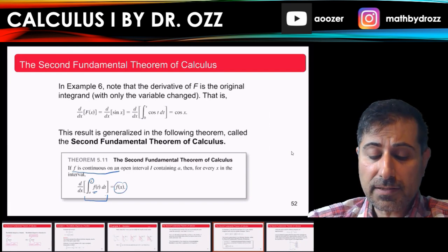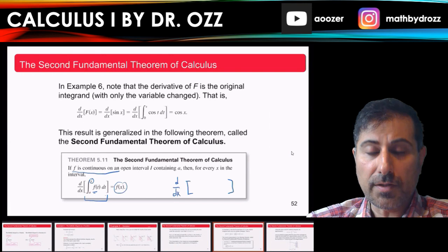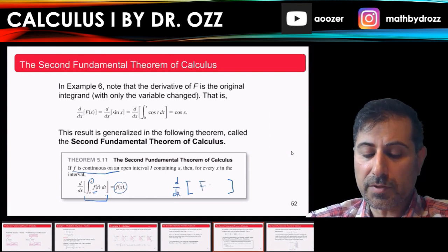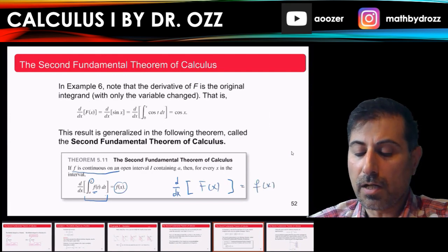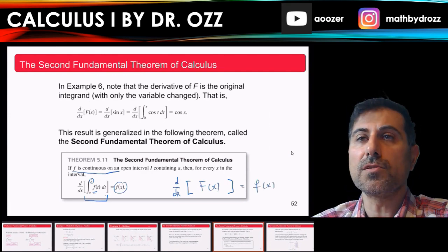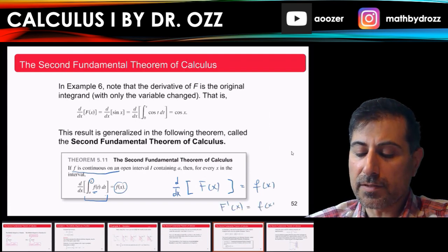And in fact, we defined this definite integral as capital F of x earlier, and then this turns out to be equal to little f of x, which essentially means that F prime of x is little f.